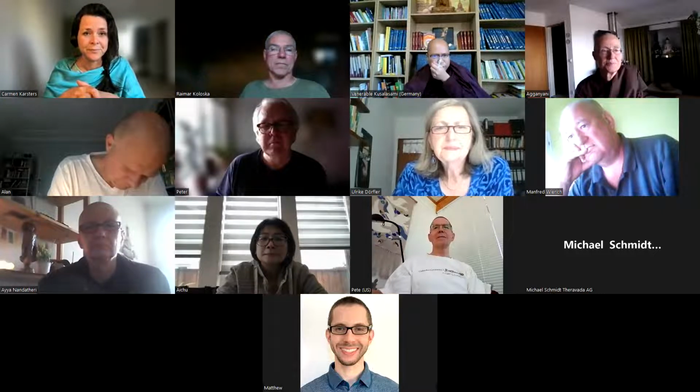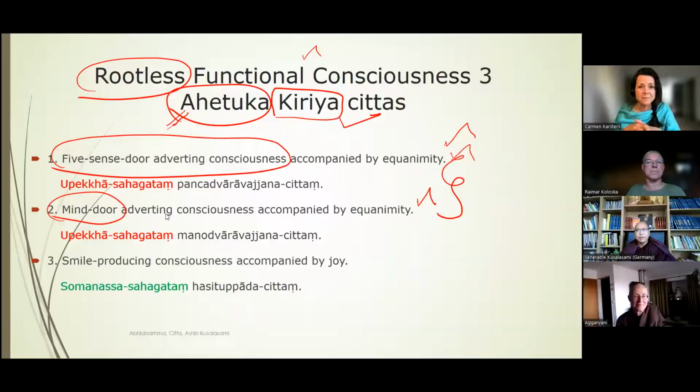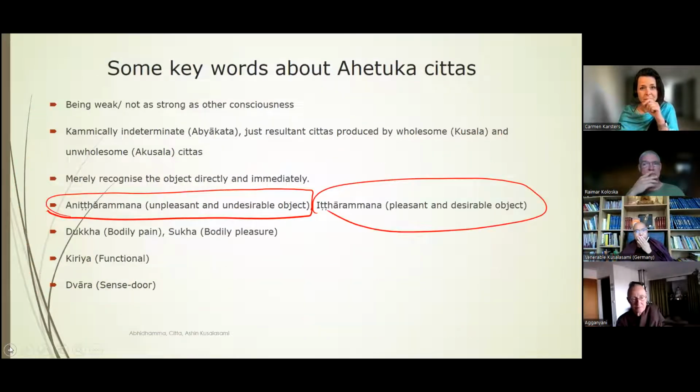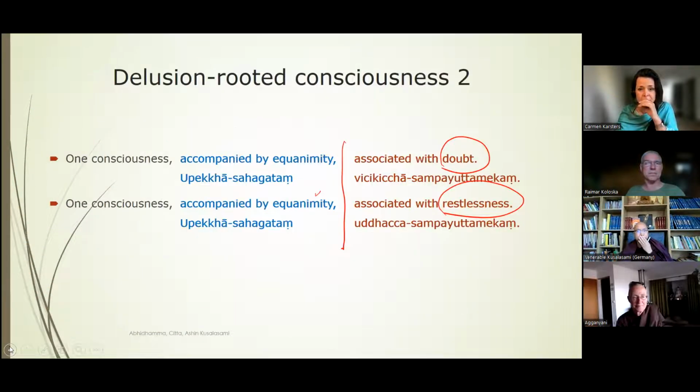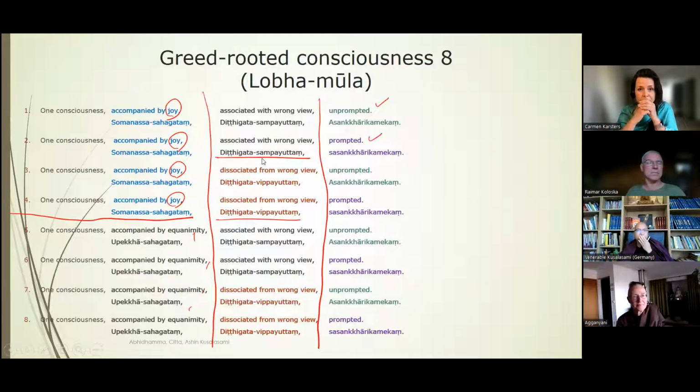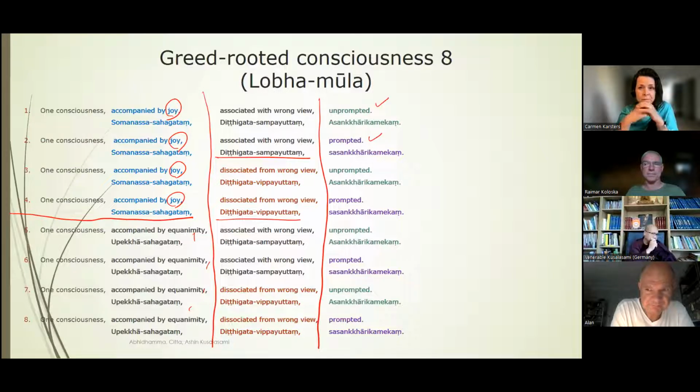Okay, very nice question. In the Abhidhamma topic, many people ask about this. Here, with rooted consciousness, it's better to compare. For example, if you steal something, sometimes you know that stealing others' property is not good, so it is dissociated from wrong view.